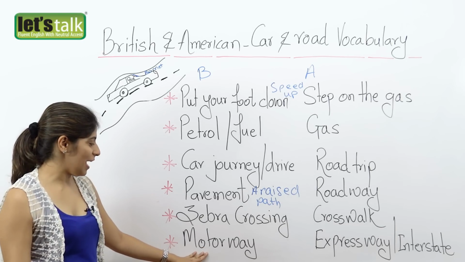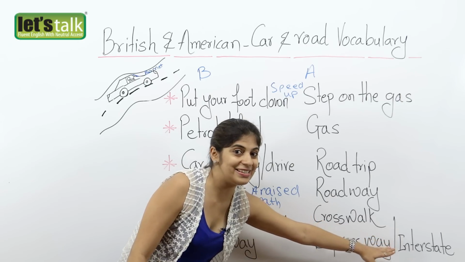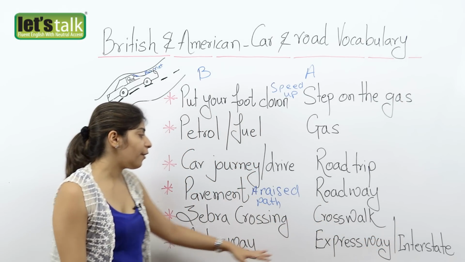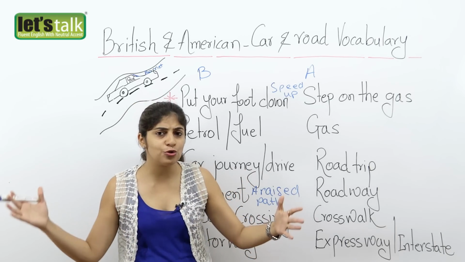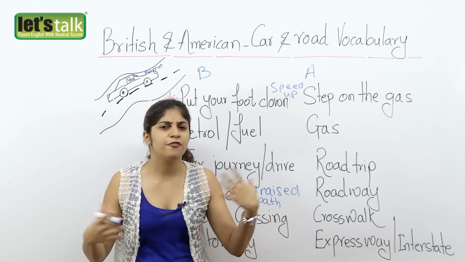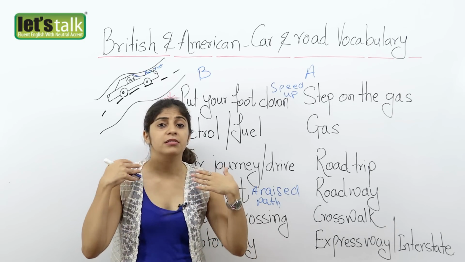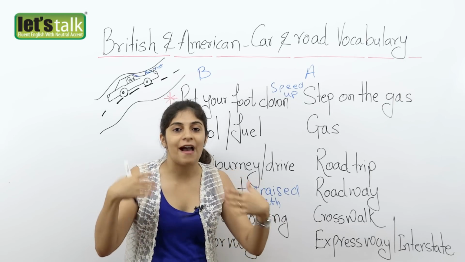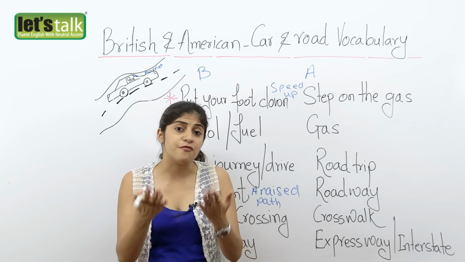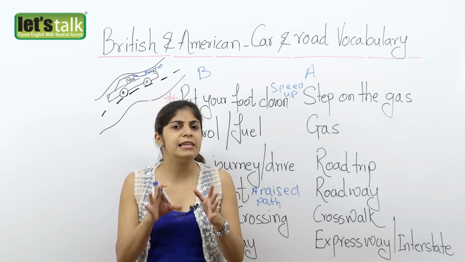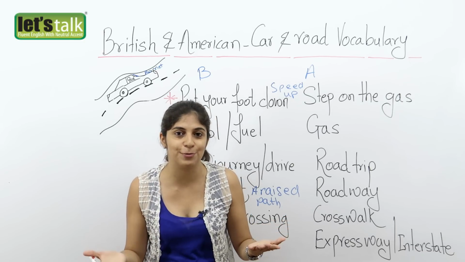And the last one that we have is motorway and expressway or interstate. Now, motorway or expressway is a wide road, a huge road with maybe 4 lanes, like a huge highway, where the cars, it's for fast traffic, and where there are relatively limited exits or entry points.